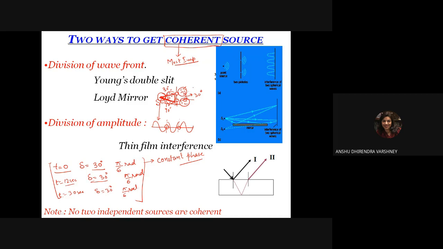क्योंकि you use white light source in your washroom, in your bathroom, then what happens?